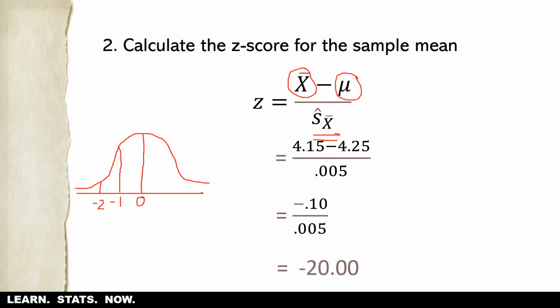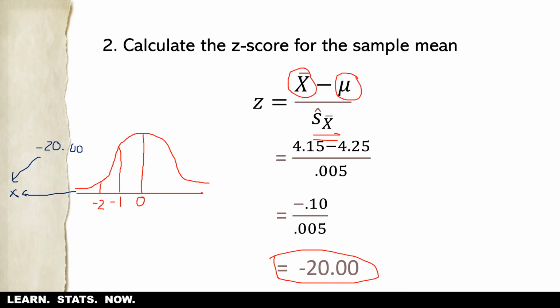And we ended up with -20 standard errors, which I can't even locate on my drawing. It's way out here, -20. If we were to really increase this graph and go way, way out here, probably even off the screen, that's where we'd locate the sample mean.